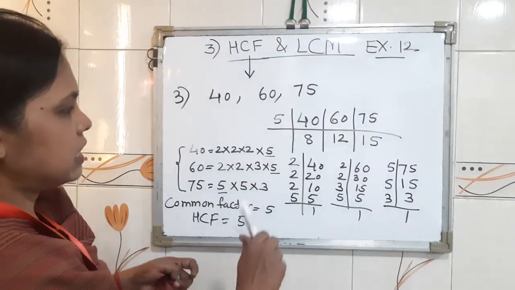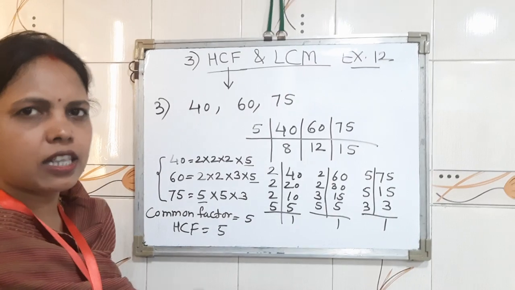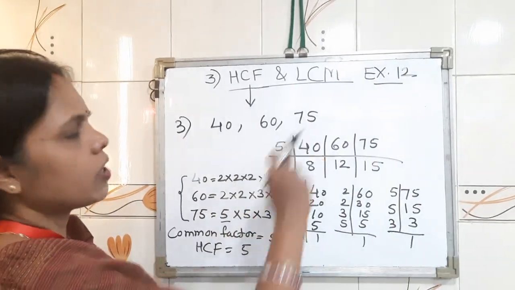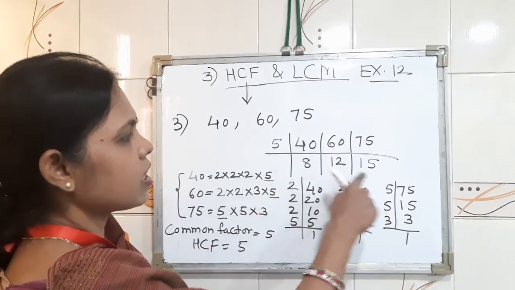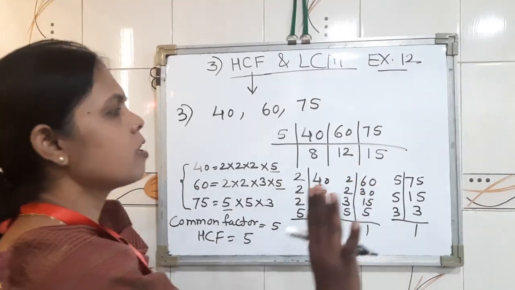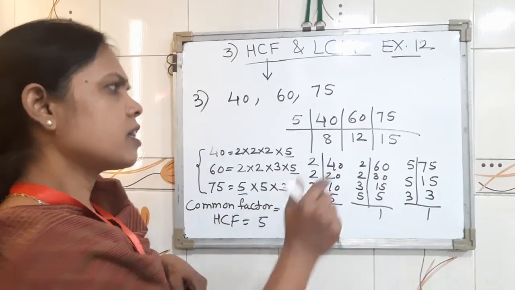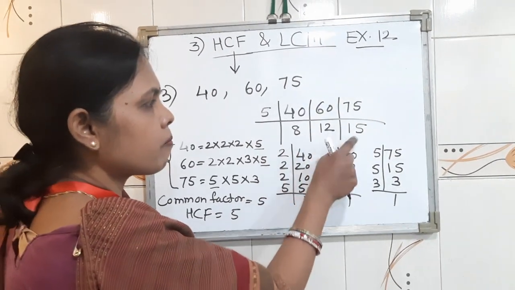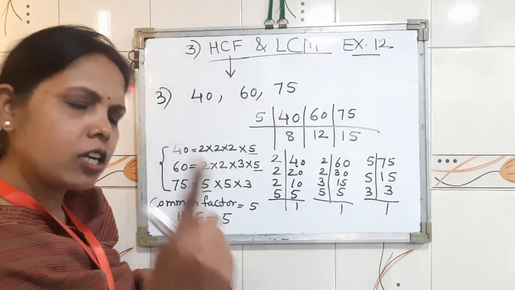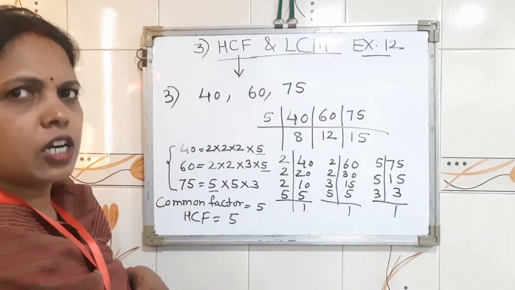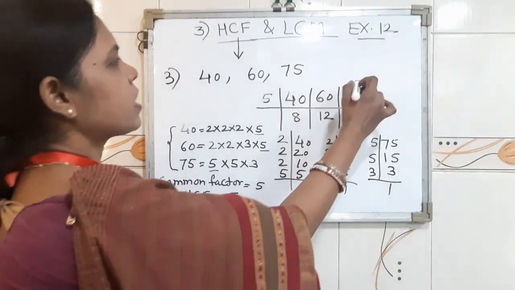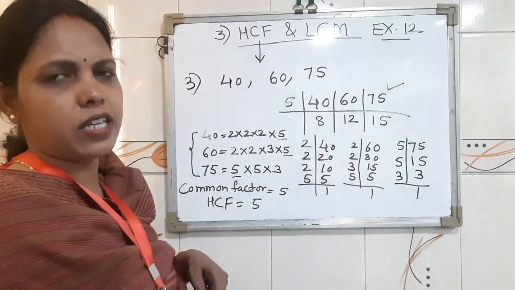So children, see, there are two methods to find out HCF for the given question. In the one method, the only precaution you should take is that you should see properly whether all the three numbers can be divided by only one prime factor. If you can solve this easily, then this method is the shortest method.